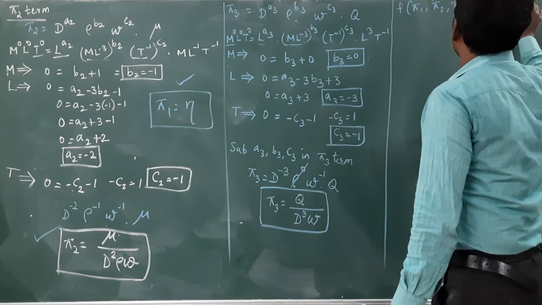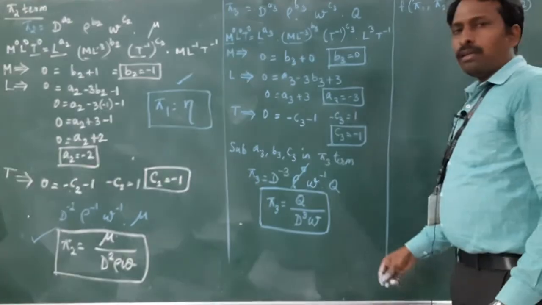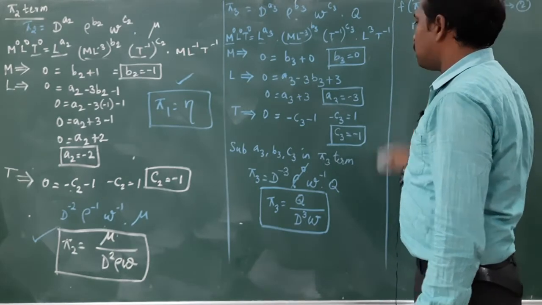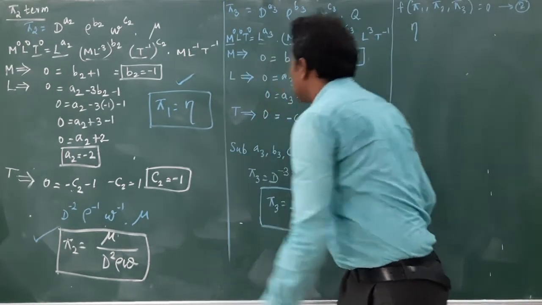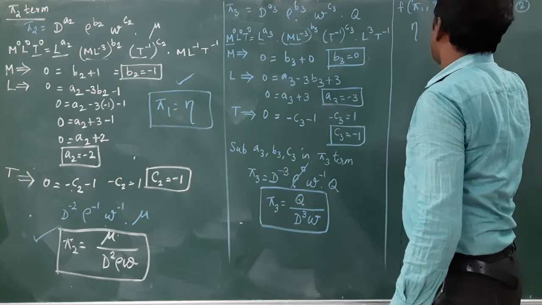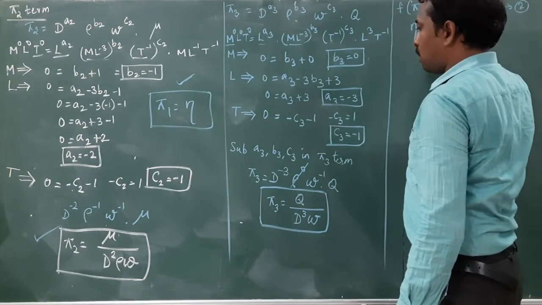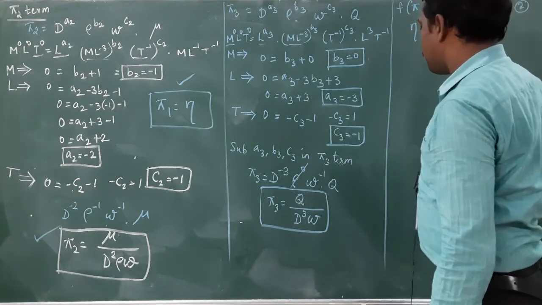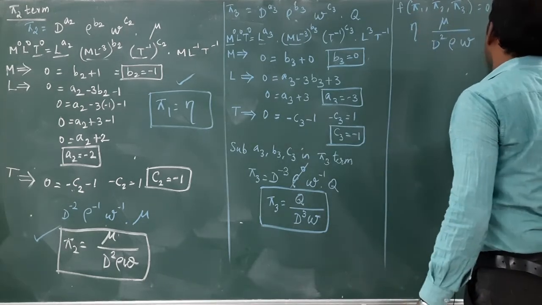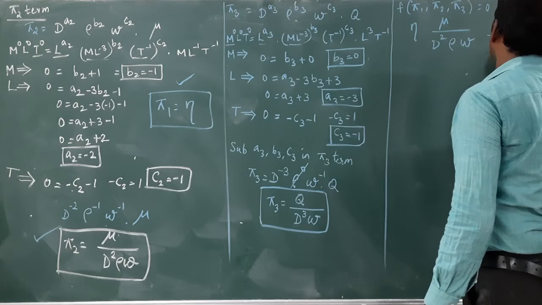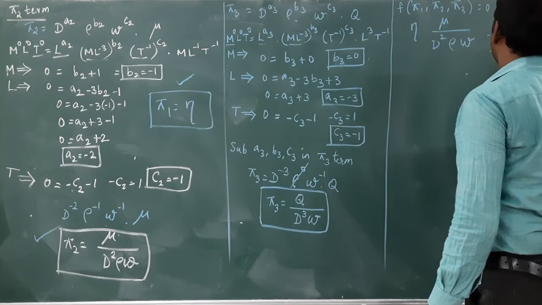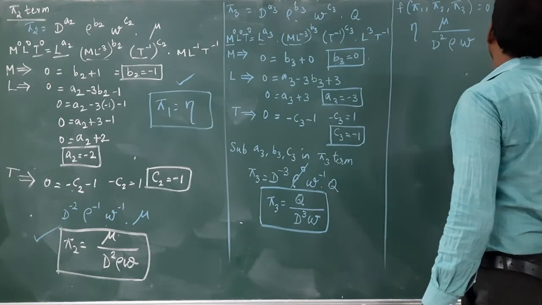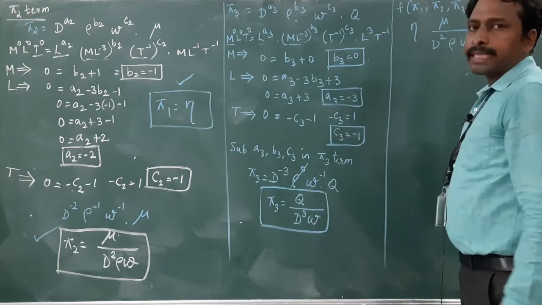Apply all the values: pi 1 is eta, pi 2 is mu divided by d square rho into omega, and pi 3 term is Q divided by d cube omega, which is 0 from the second equation.